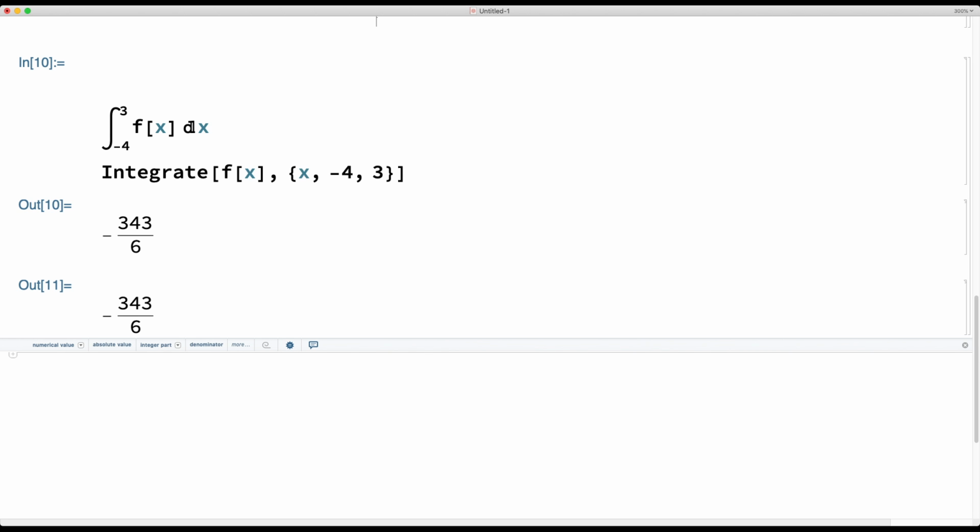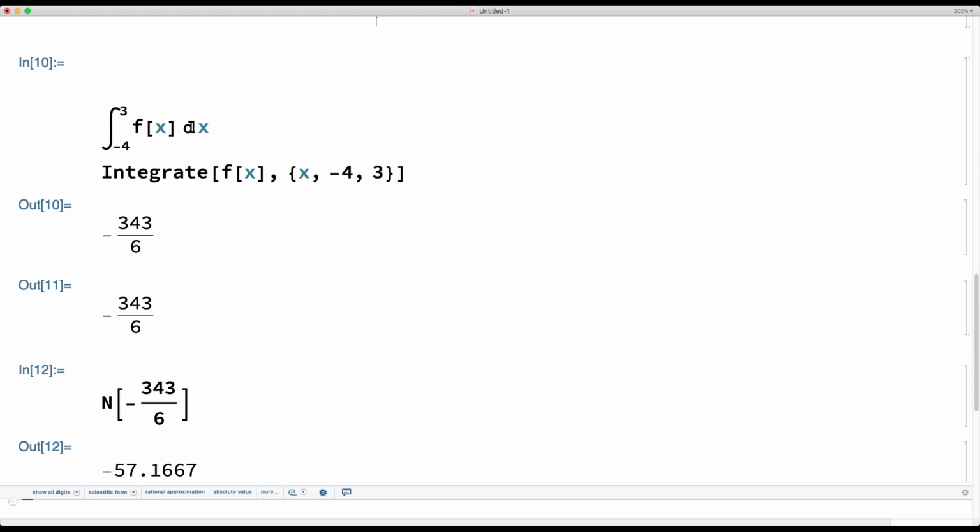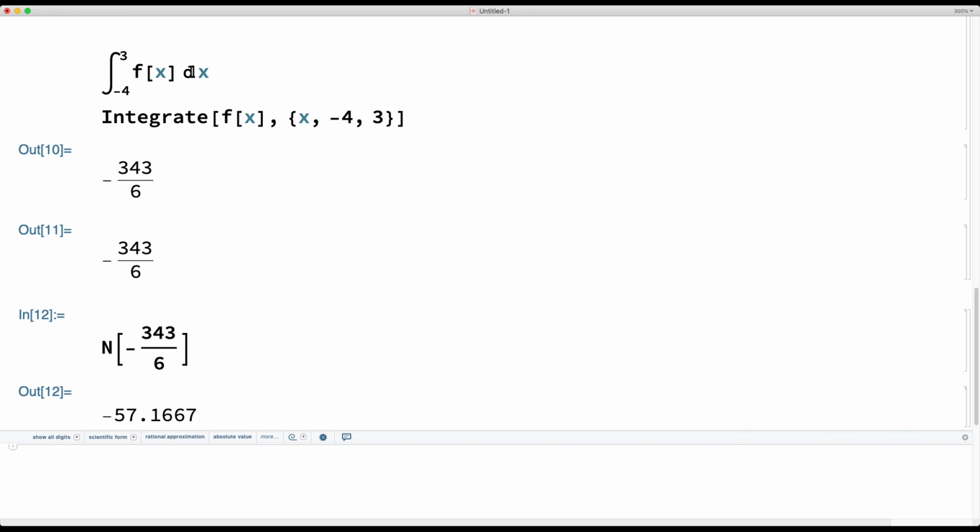Now, in a lot of the output cells, there is this little contextual menu. In the contextual menu, we might want the numerical value, or the absolute value, or the integer part, or the denominator, or more. But in this case, I want the numerical value. If I click that, it will tell me what the command to get a numerical value is, and also evaluate it.